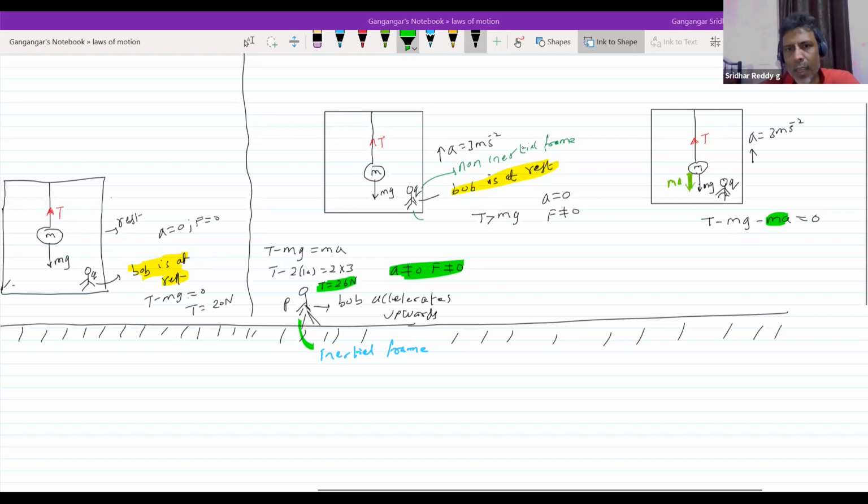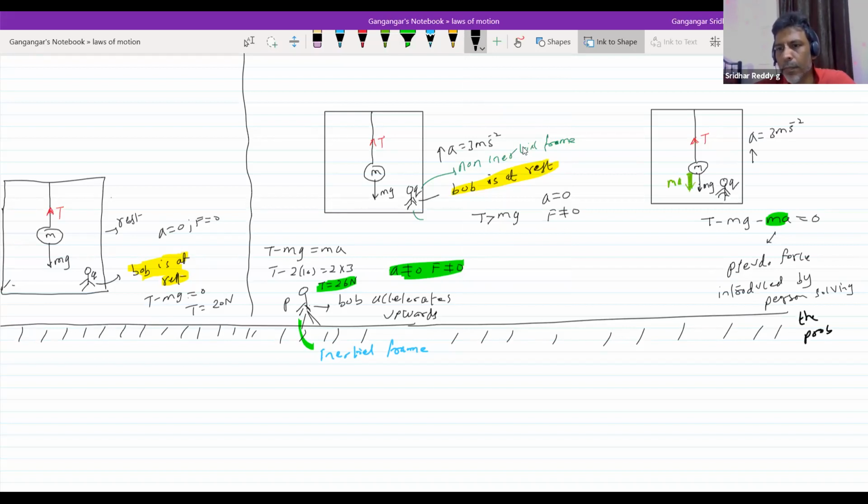I'll put a condition: the pseudo force is introduced by the person solving the problem. Okay, fine. So these are some very important conclusions which we have to make here.